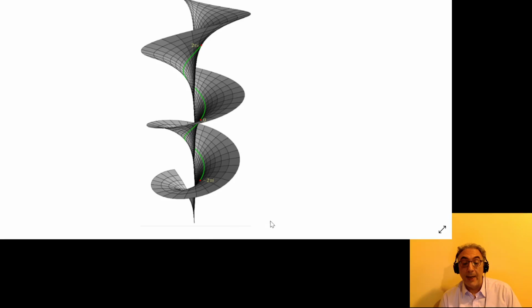So the circle here is identified with the equatorial circle of the sphere, about which we have already talked.